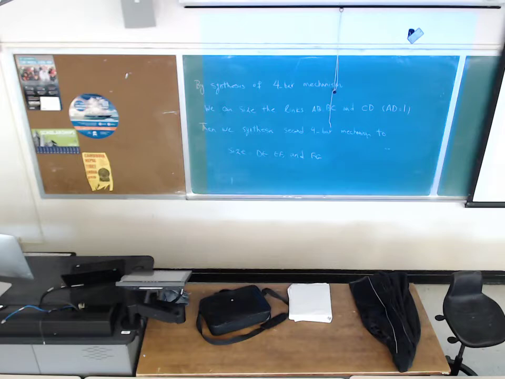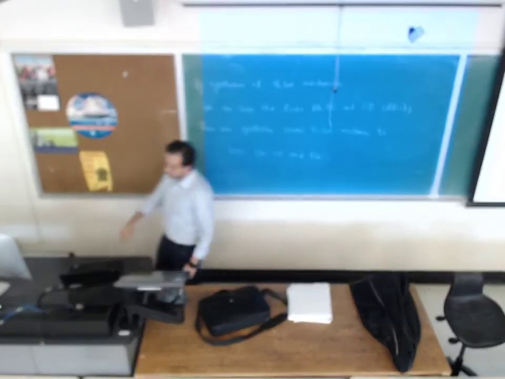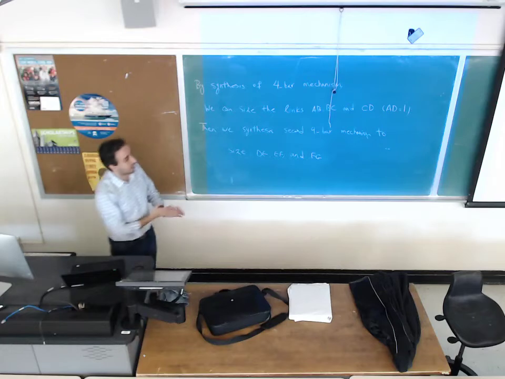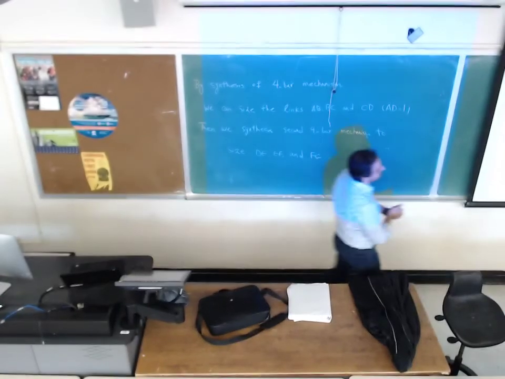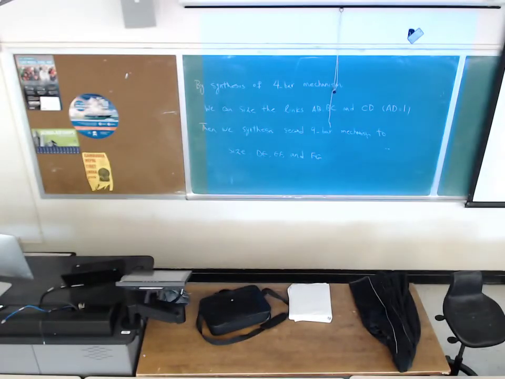Question on this. One group can choose this as a project if they are interested to design a mechanism for this carburetor system. We are going to change the angle, but the idea is to design a 6-bar mechanism, one 4-bar here, another 4-bar here, totally 6.